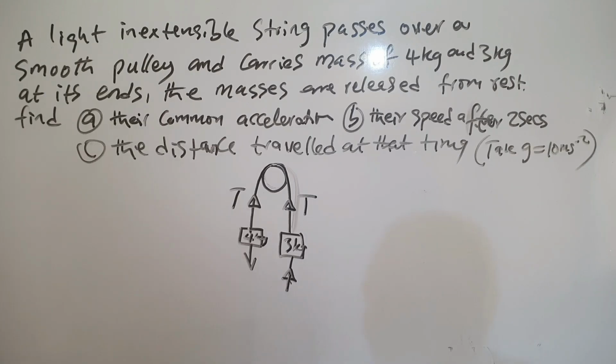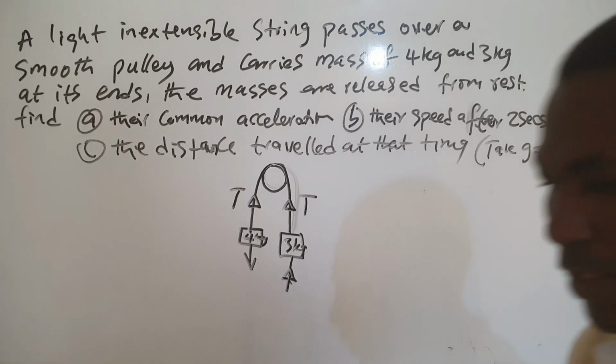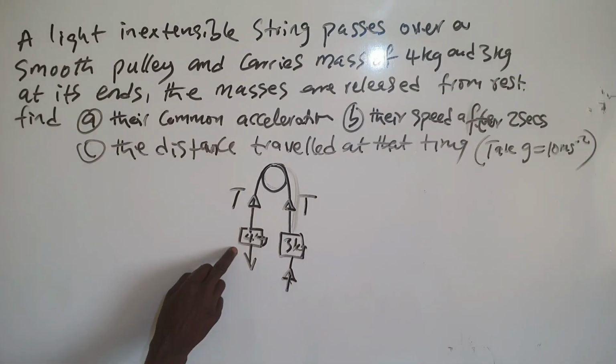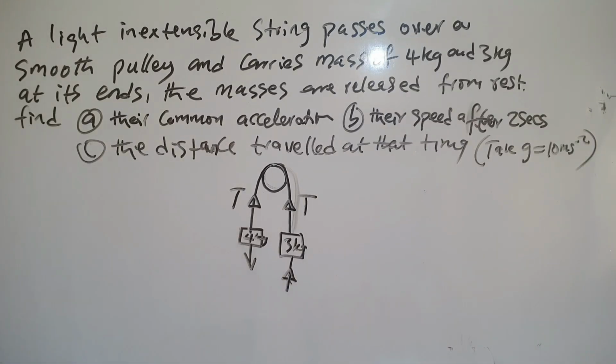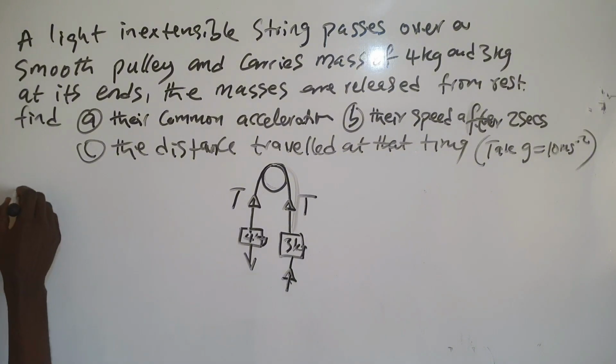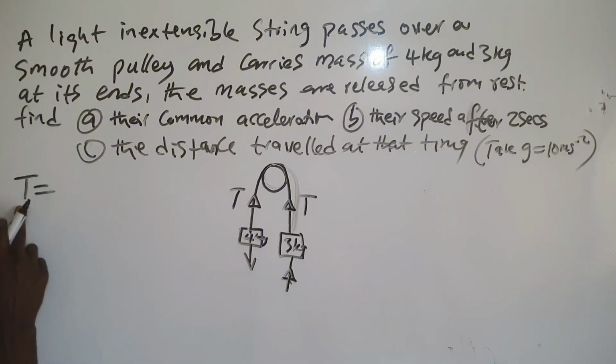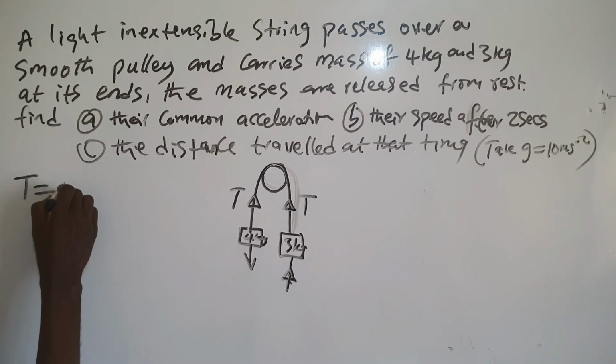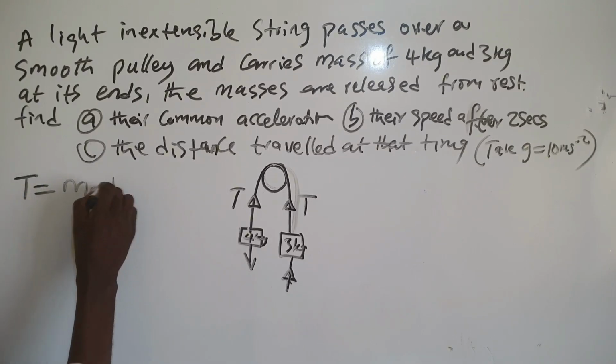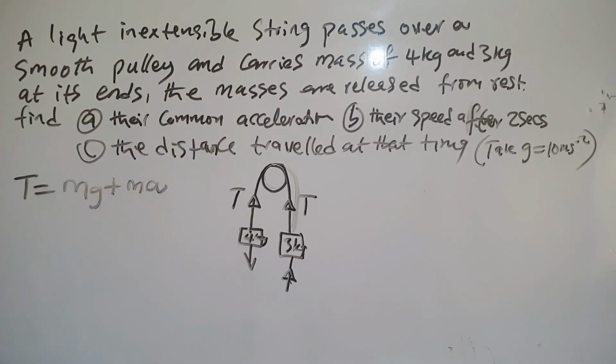Let's start solving. Remember that I have solved 3 previous questions on this. Please watch them for more understanding. For the tension, T equals, the formula is tension equals M times G plus M times A. We have been solving it before.